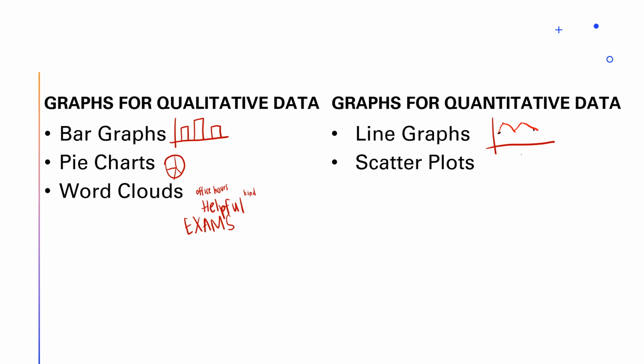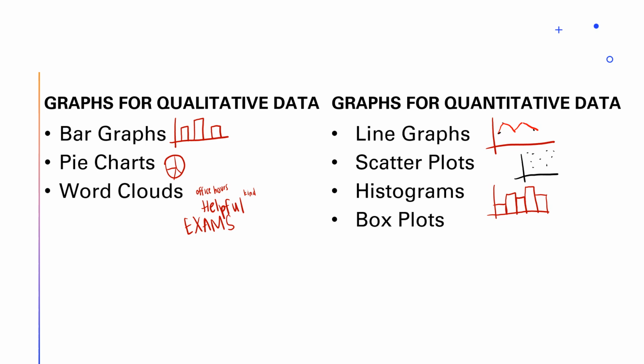That's just where you have the points plotted. You will also see histograms. That's what we're going to be looking at in just a minute. Histograms look really similar to bar graphs, but in this case, the bars touch. With a histogram, which we're going to work with pretty extensively this semester, you're going to see that the bars touch. That's an important distinction between those two.